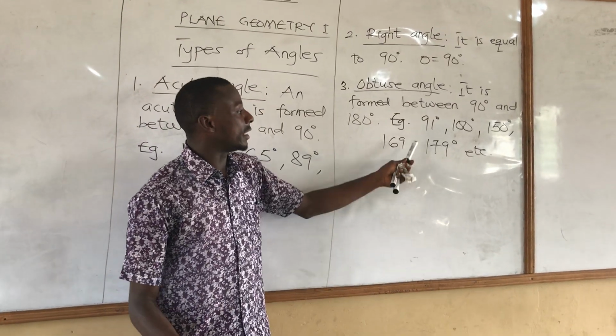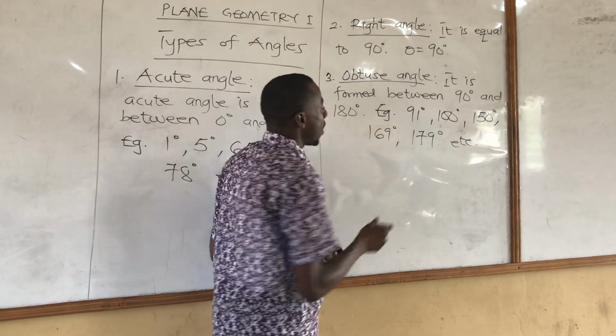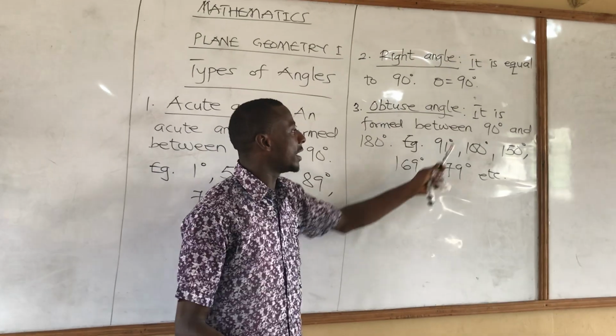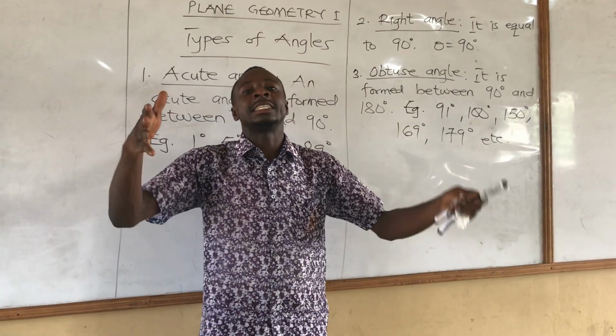So we have 100 degrees, 150 degrees, 169 degrees, 179 degrees, and so on and so forth. So obtuse, 90 is not included, 180 is not included because it is between.